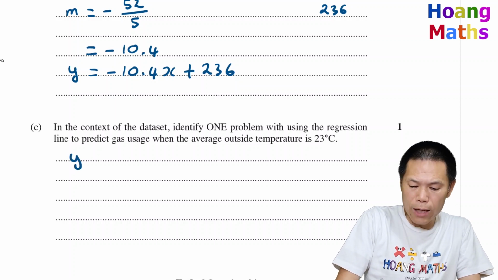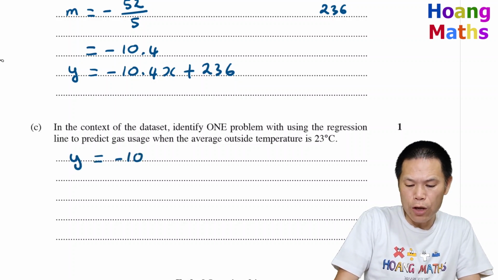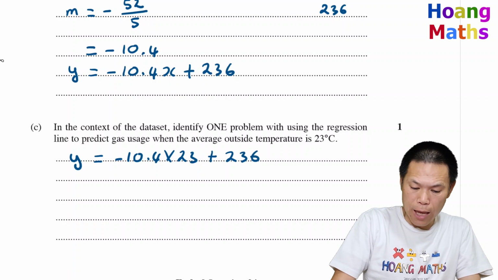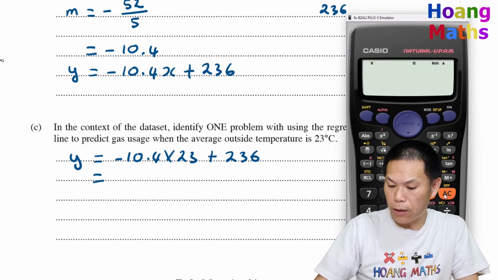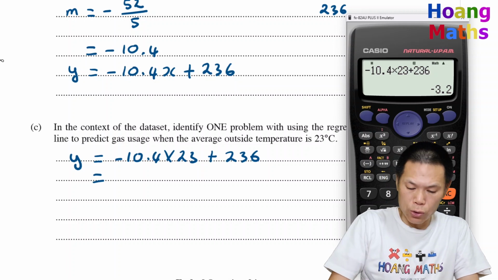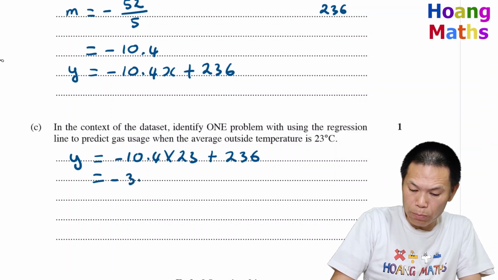So y will give me negative 10.4 times 23, and we add 236. That is equal to negative 3.2.